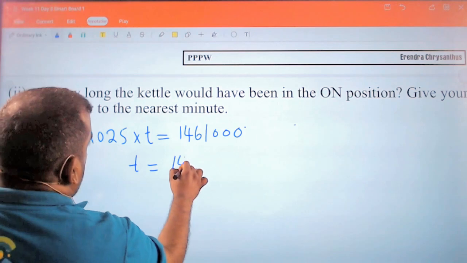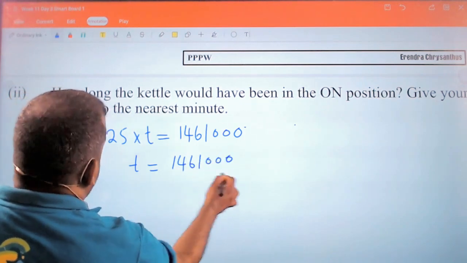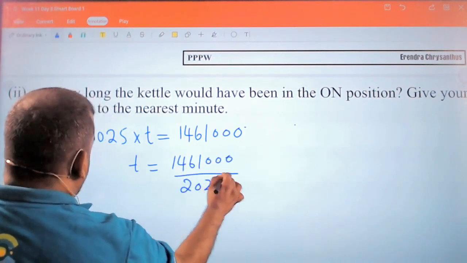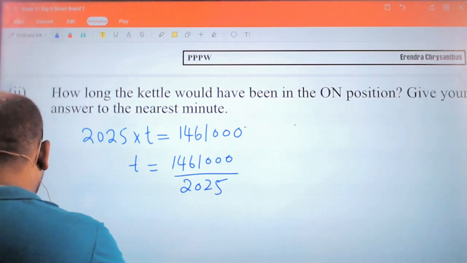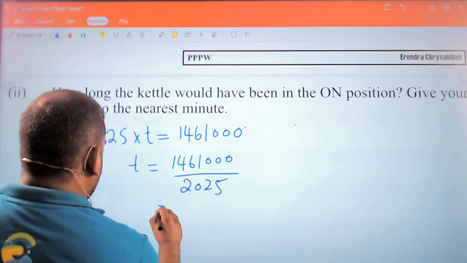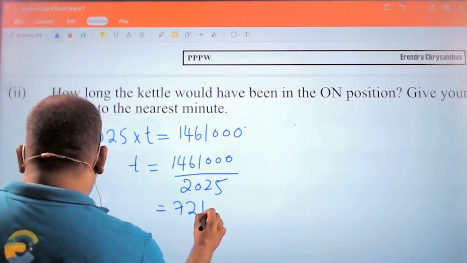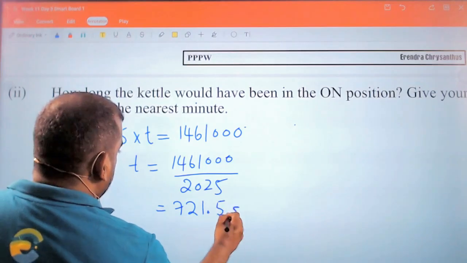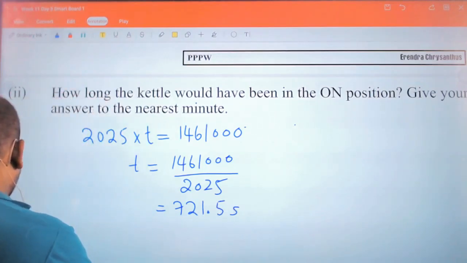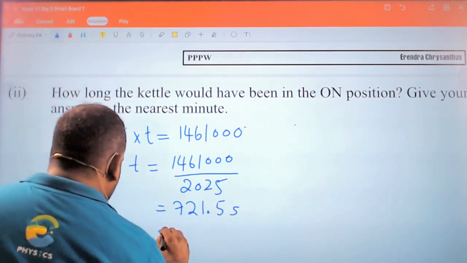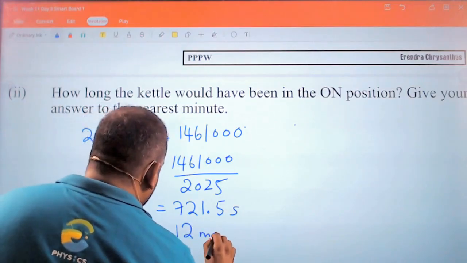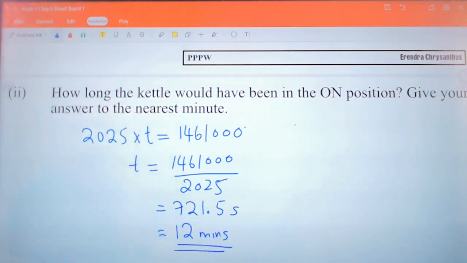Time taken divided by 2025, 721.5 seconds, around 12 minutes, right?